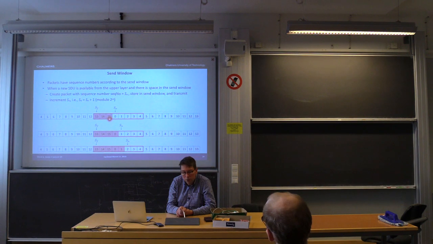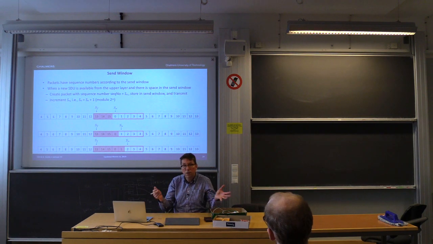The next one we will transmit will have sequence number 0, because we reuse sequence numbers. So when the next service data unit arrives from above, we form a packet with sequence number 0, we transmit this, and we put this into the send window. When the next one comes in, it's sequence number 1. We keep on doing this until we have filled the entire send window, and then we stop. We won't accept any new packets from above.